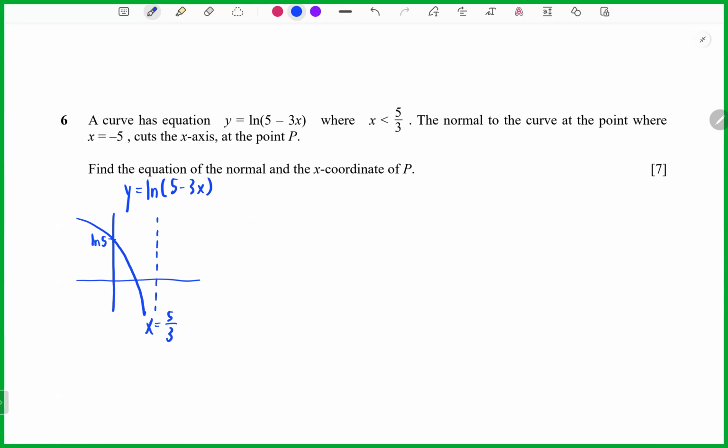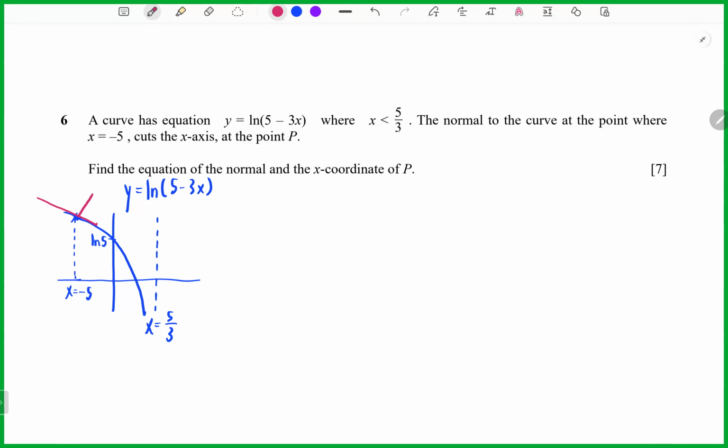Here is x equals to negative 5. So I can write out, this is your tangent.